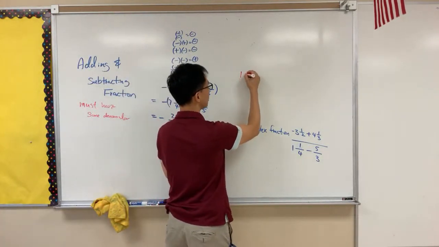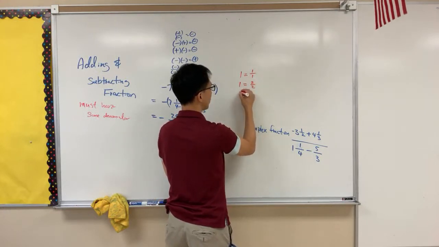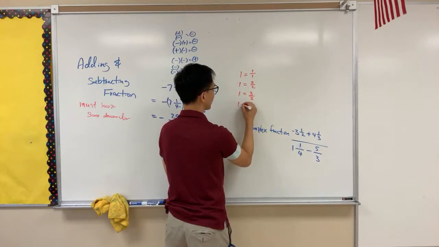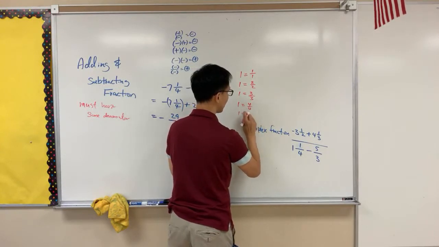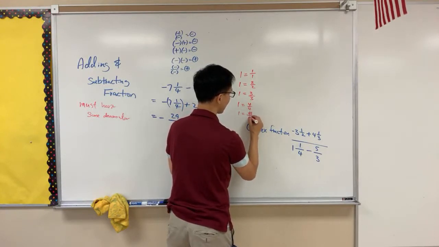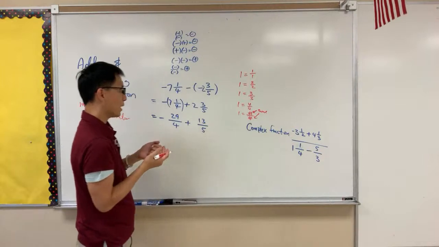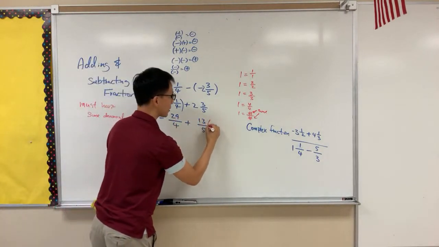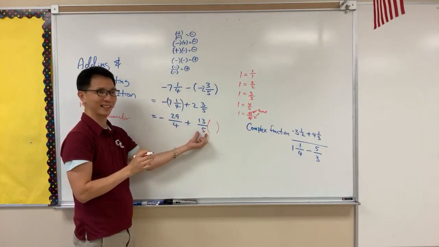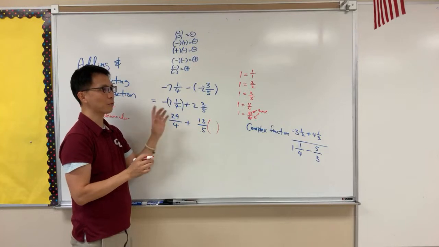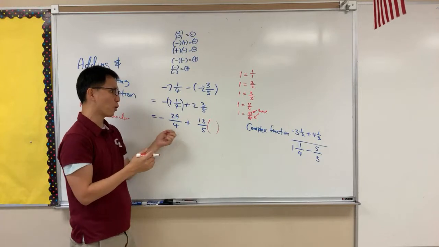And 1 is a special number because I can rewrite 1 as 1/1, 2/2, 3/3, 4/4, anything over the same thing. The same number over the same number has to equal 1. So now I can multiply this without changing the identity of these fractions. With 13/5, I don't want to change it, I just want to change the way it's presented. I want the bottom to be 20.